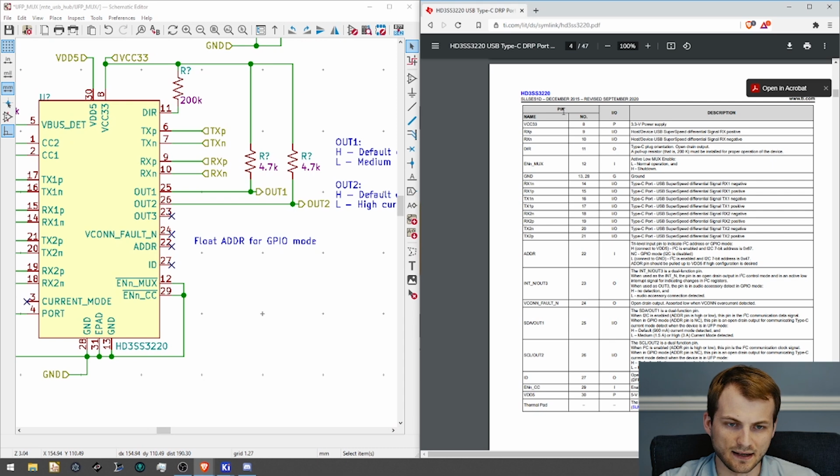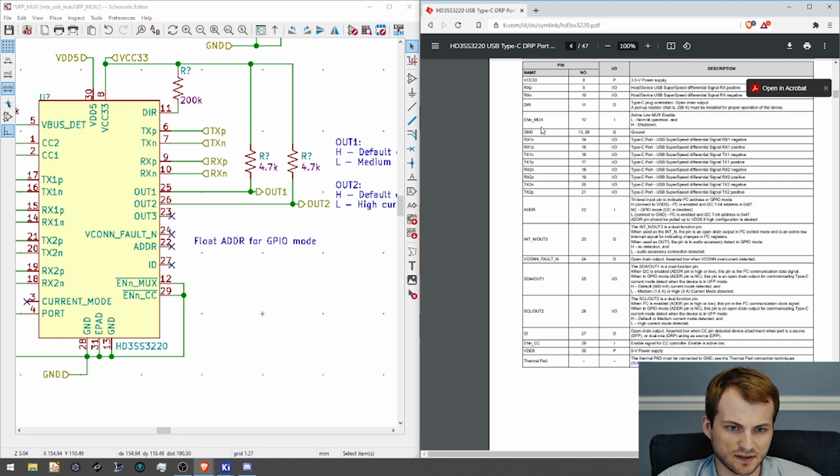And the MUX was pretty easy just because there weren't a lot of pins and there weren't a lot of options. So based just on the data sheet, by checking the address pin, that is how you determine what mode it is set into. So for GPIO mode, we set it into floating. So we throw on a no-connect and we call it a day.